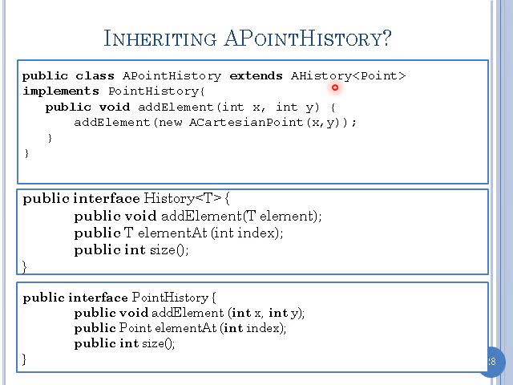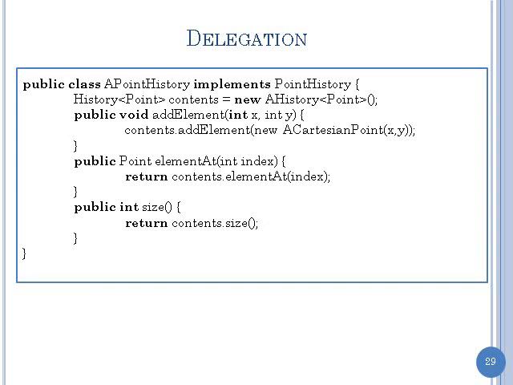Remember when we talked about a line and point? A line is not a point. A line has a point, and then it can use the point functionality. Right? So I could go this, and I have now contents is a history.